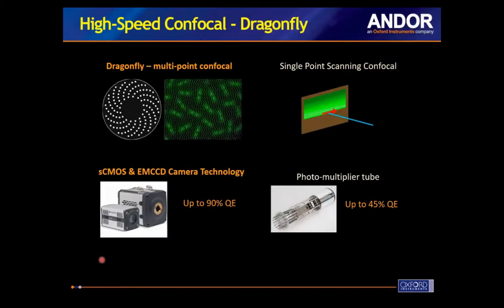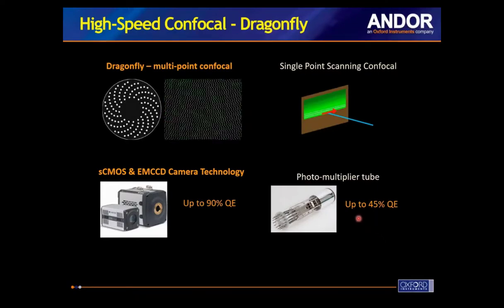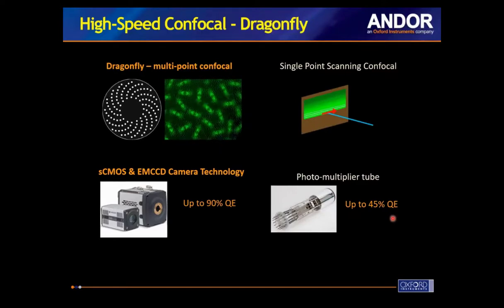Furthermore, Dragonfly benefits from Andor's EMCCD and CMOS camera technology with up to 90% quantum efficiency, capturing nearly all the photons that come from your imaging, whereas single point scanning confocals use PMTs, photomultiplier tubes, which have at most 45% quantum efficiency.